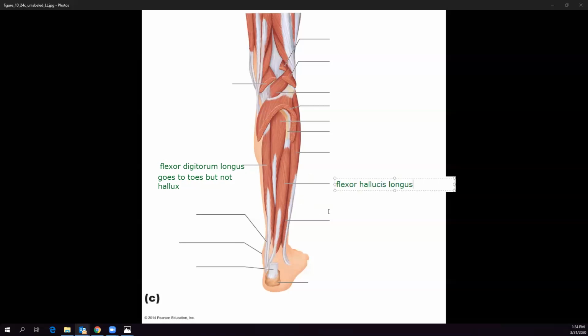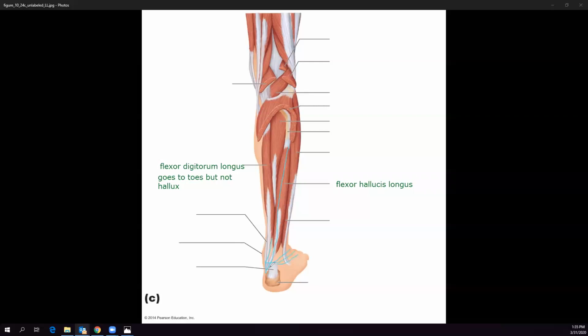So here's what happens with that muscle. I'll do it in this color blue. It's going to start out here on the more lateral part of our leg, and then it's going to run down here, and it's going to go under the medial malleolus, and then it's going to cross under our foot, the tendons actually, and go out to our big toe, and the tendons that go to the rest of our toes go this way.